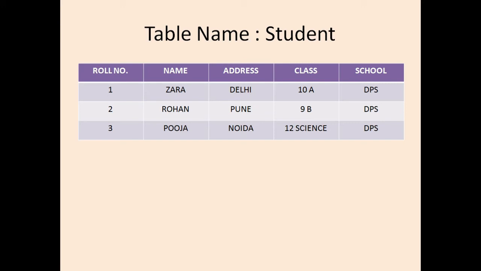In this situation, we can combine 2 or more columns together, and the combined columns will help us to identify each student uniquely. Here, if we combine roll number and class together, then these 2 columns together can give me the details of each student uniquely.